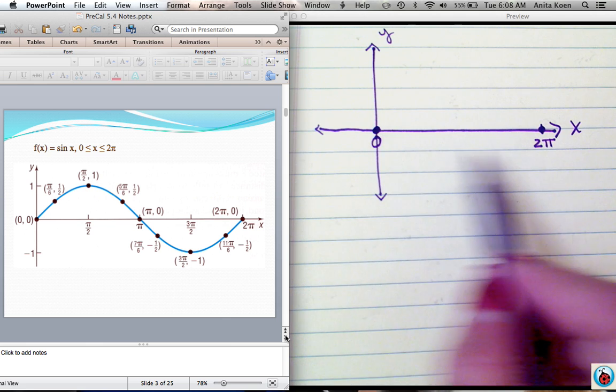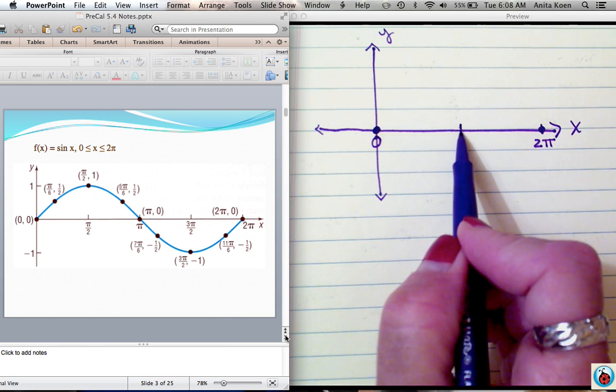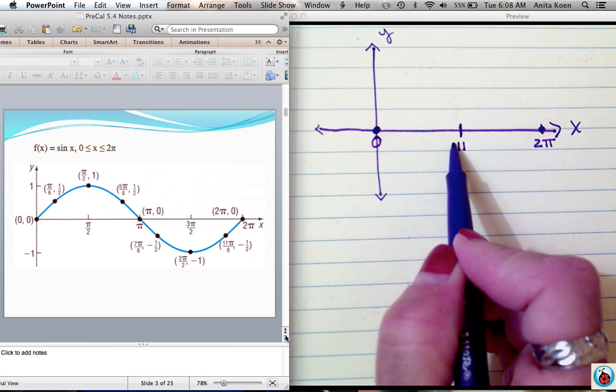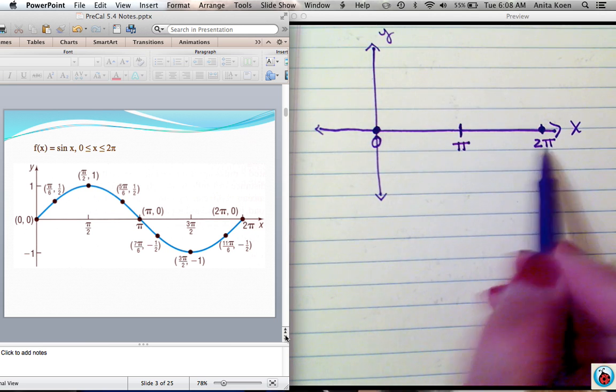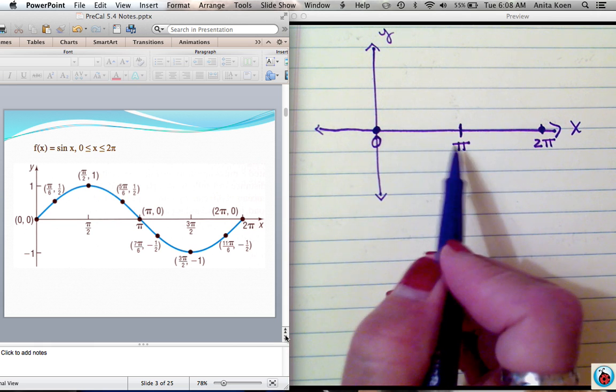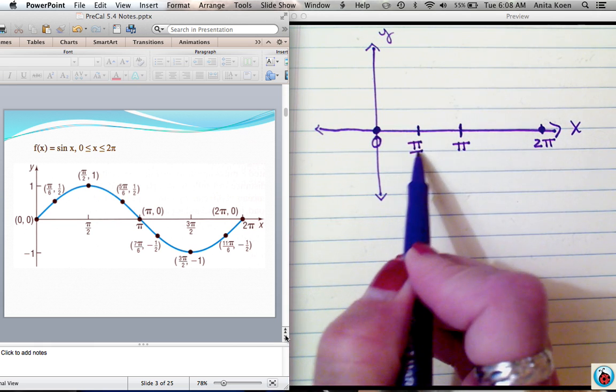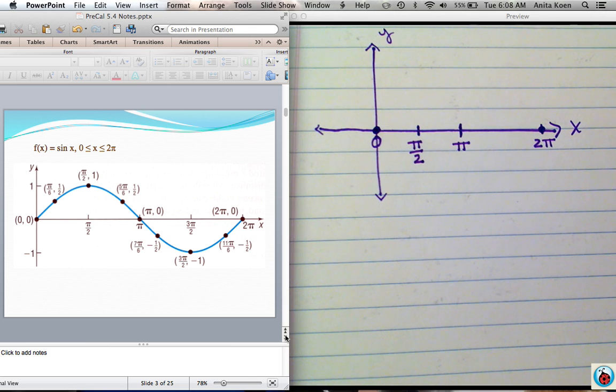Then I'm going to take those two places on the x-axis and divide them in half. Halfway between 0 and 2 pi is pi. Then I'm going to take this interval from 0 to pi and divide it in half, and halfway between 0 and pi is pi over 2.